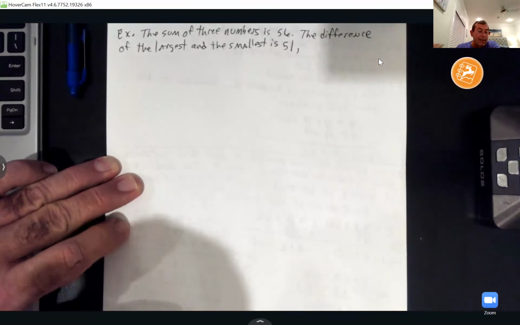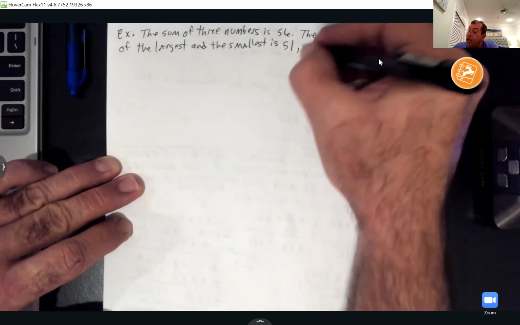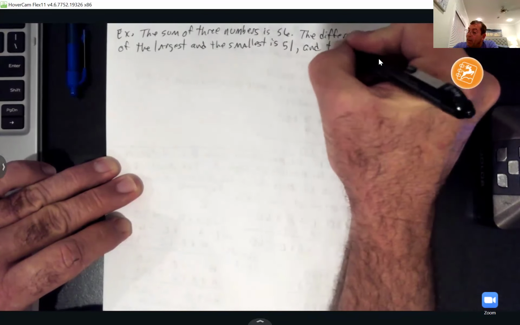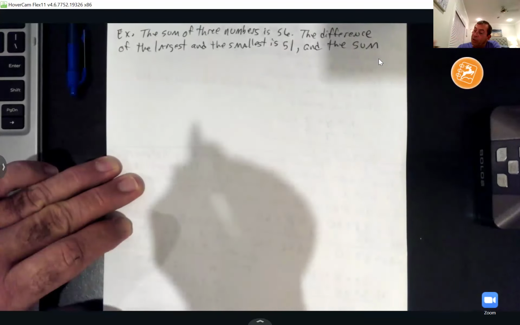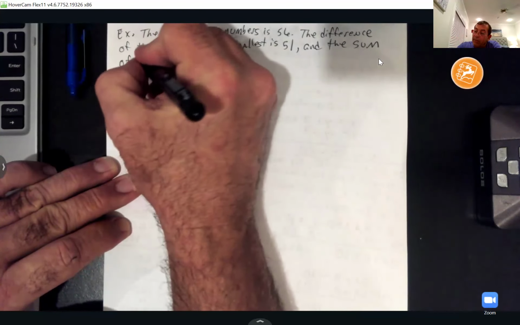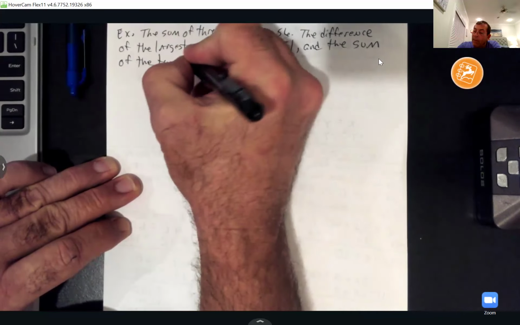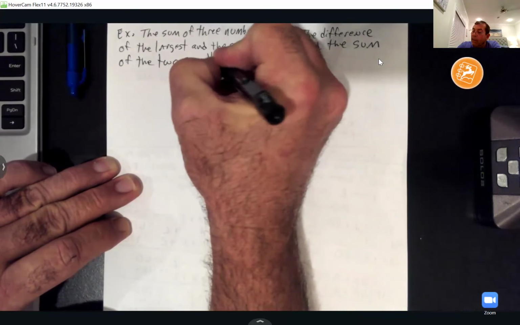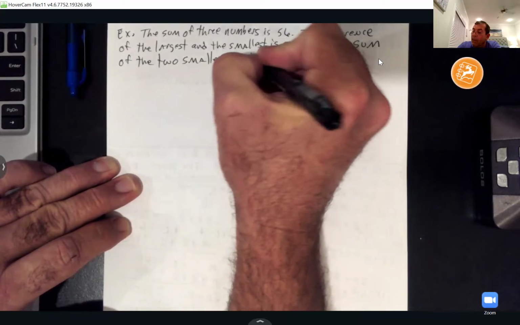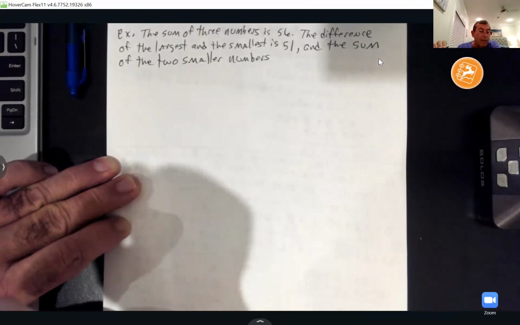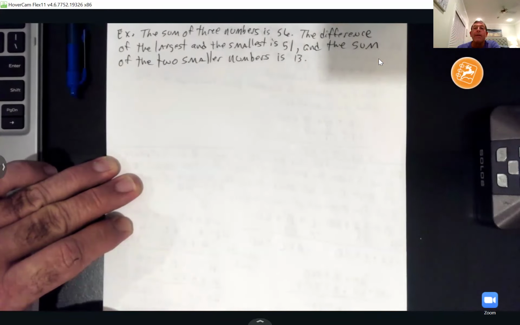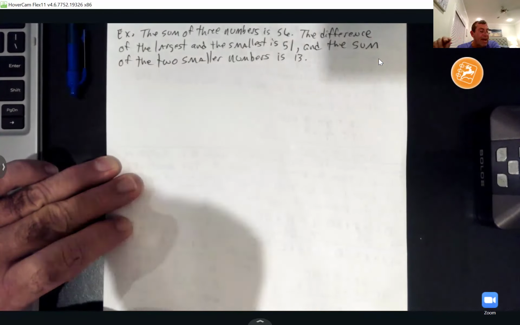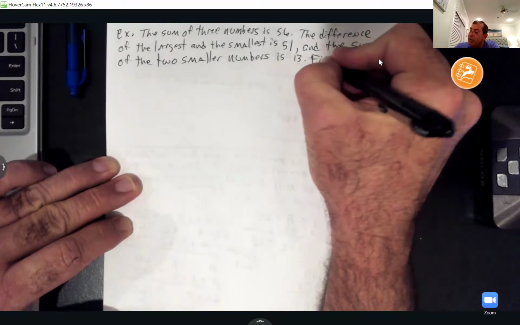And then it says, and the sum of the 2 smaller numbers is 13. Then guess what they say? Find the numbers.